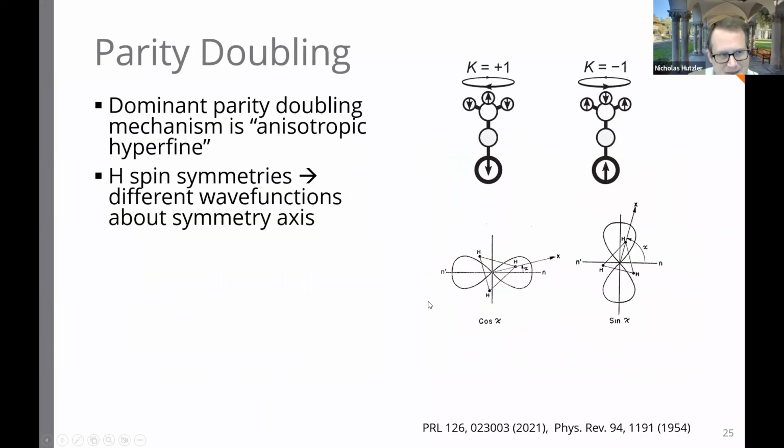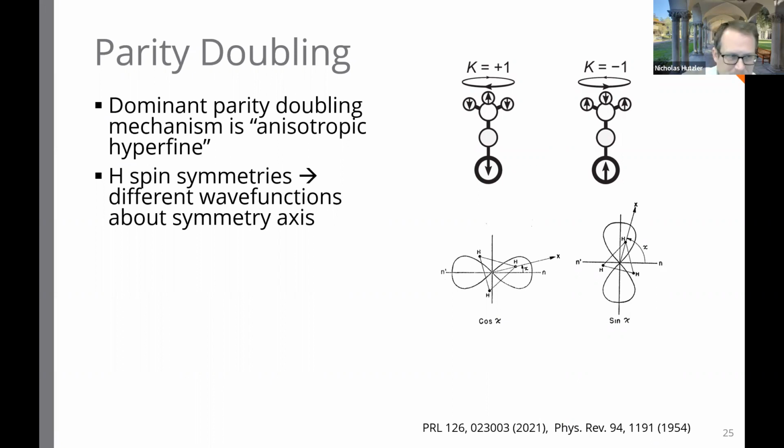The mechanism: earlier we talked about how both lambda doubling or omega doubling and L doubling arose from some moment of inertia difference. Basically, you lower a symmetry, you get 2 different moments of inertia, you get effectively a slight difference in rotational constant for the 2 different states, which effectively splits them.